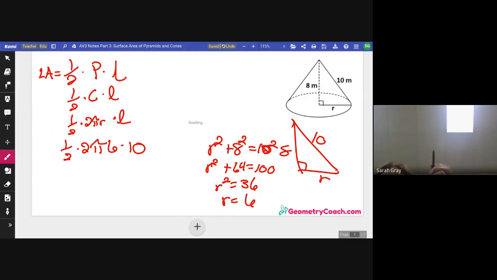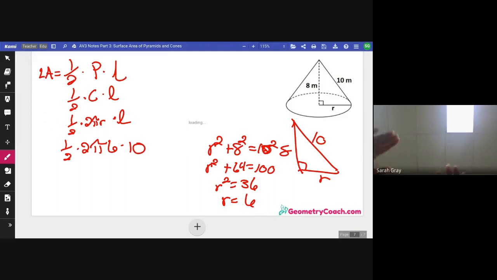Okay, so think about it this way. You're trying to find the surface area, right? So you're trying to find how much paper it takes to wrap this cone up. If you unfolded the cone, is that 8 touching it anywhere? No, it's kind of going right through the center of the cone. So it touches the ice cream, but it doesn't touch the actual cone part. So it's not part of the surface area.